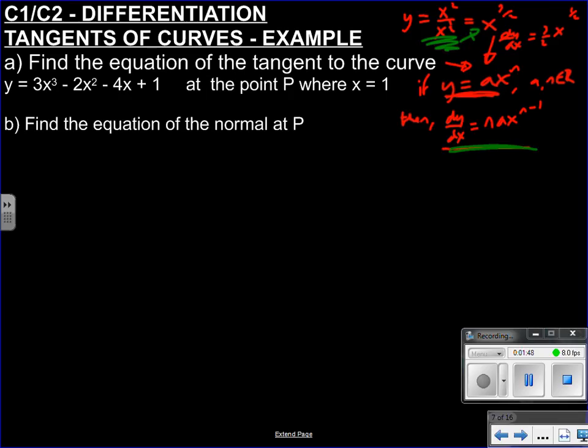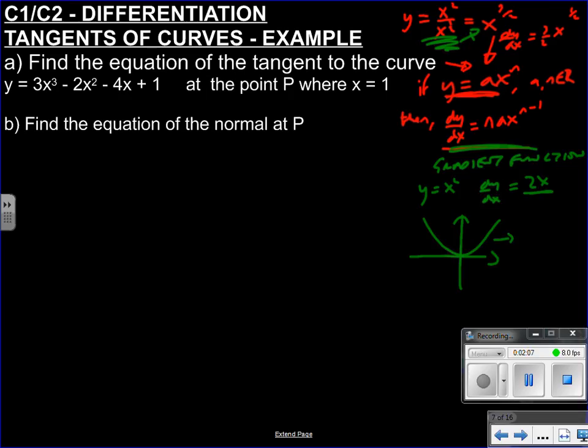Well, remember dy by dx is the gradient function of a curve. Okay, so for example, if you started with y equals x squared, dy by dx equals 2x, doesn't it? You start with a curve, and the gradient of this curve is not constant. It in itself is its own function.